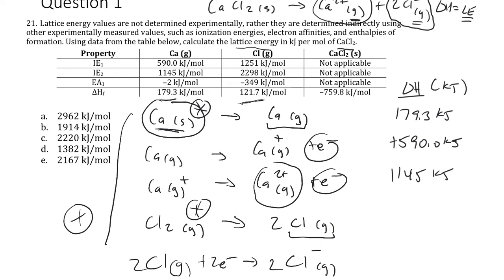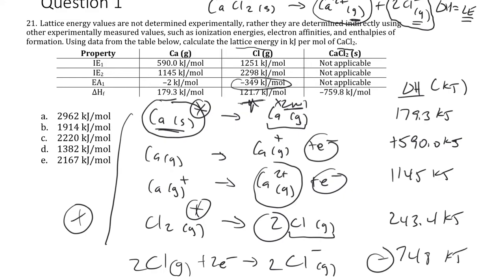That times 2 is 243.4 kJs. I'm just multiplying the delta HF by 2 moles. And then 2 chlorines absorbing an electron, the electron affinity of chlorine, minus 349 times 2. That's minus 748 kJs. Only thing here that's negative.